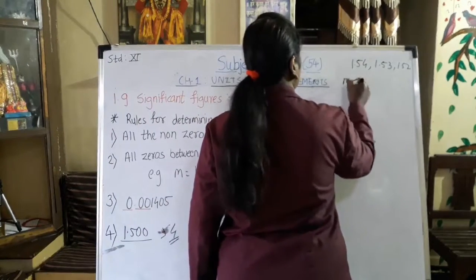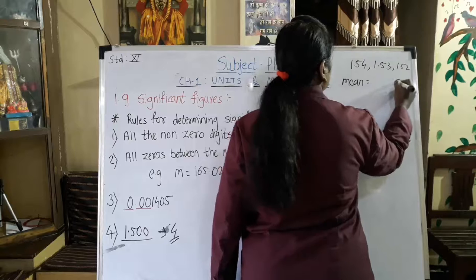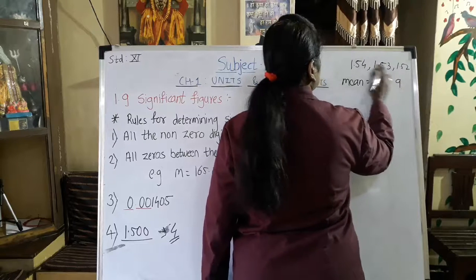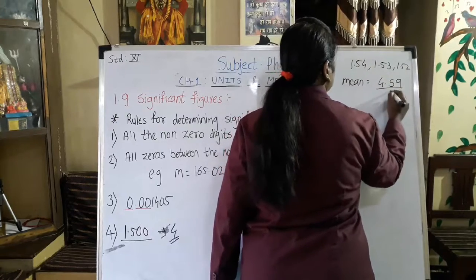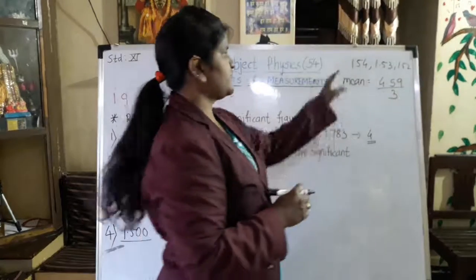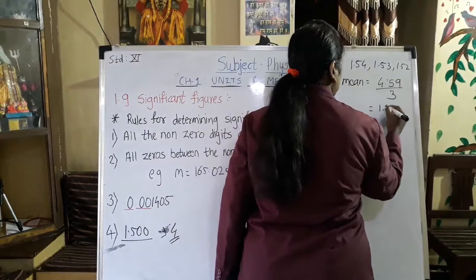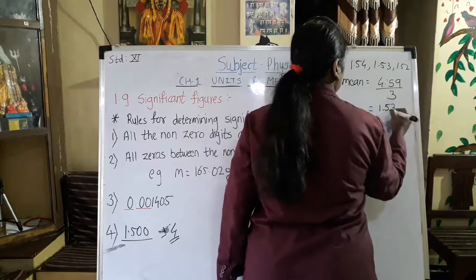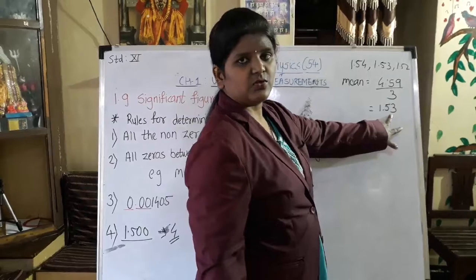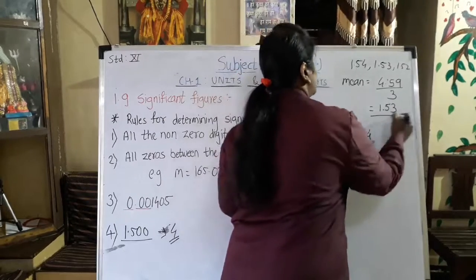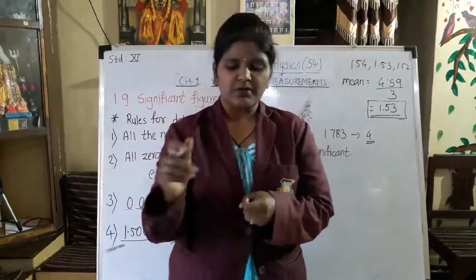The mean will be the addition of the 3 of them, divided by 3. Why 3? Because we have 3 readings. So by calculating this, you are getting this as the mean.